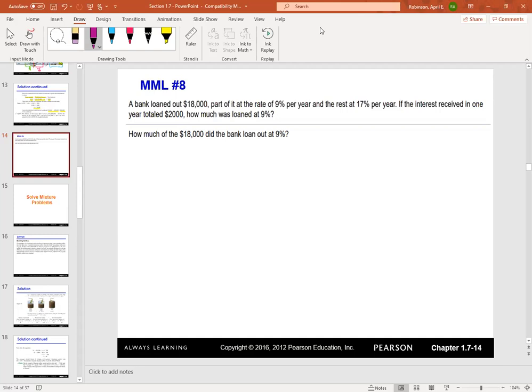So I'm sitting here going, okay, $18,000 got split up into 2 pieces. Some of it went here and the rest of it went over here. And then the final question was, how much was loaned at 9%?